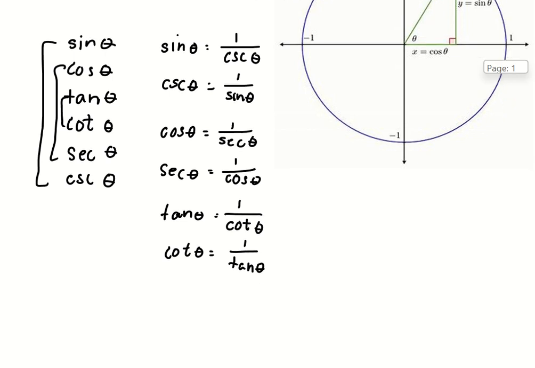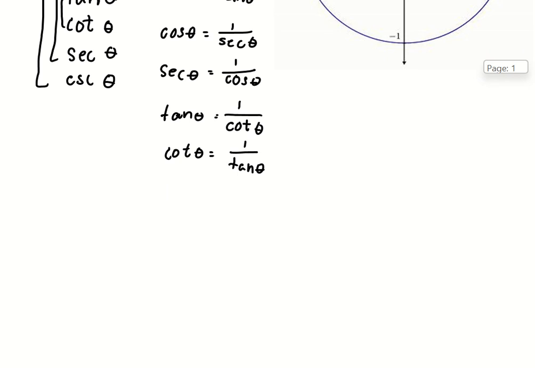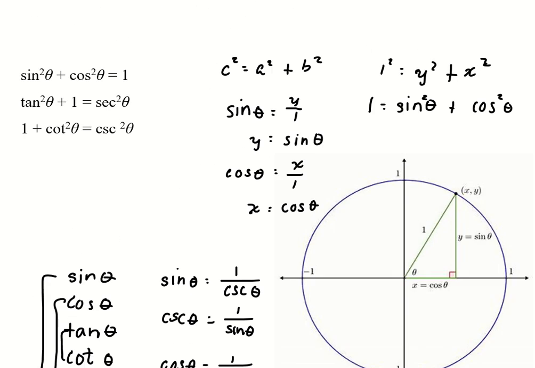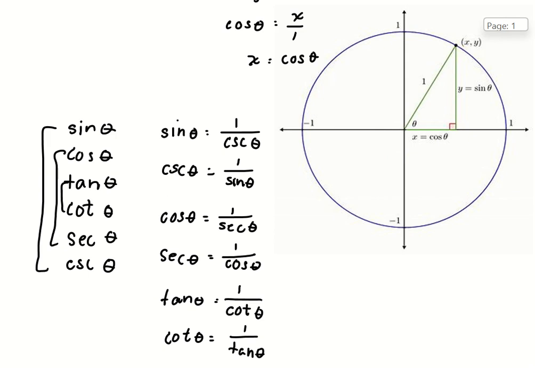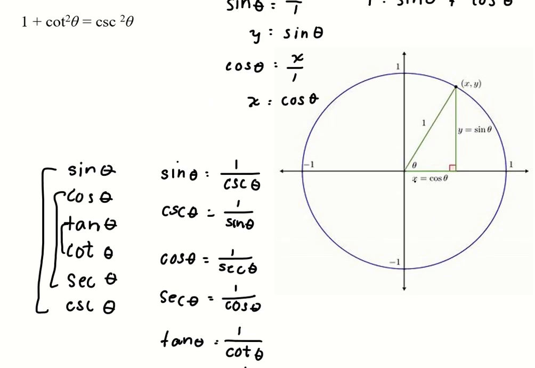Another important identity that we have to understand before deriving the other two Pythagorean identities is the ratio identities. From the unit circle, we know that tangent of theta is the ratio of the opposite side to the adjacent side.